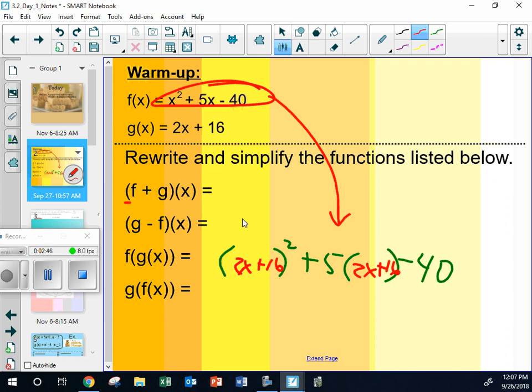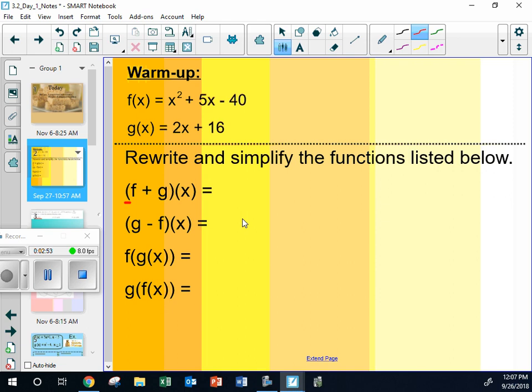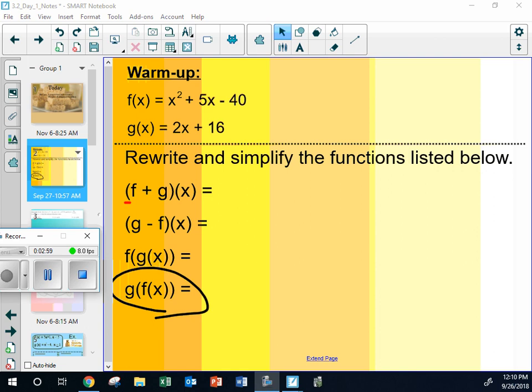All right. Would you please write what you think, then, g of f of x is? This last one. Give it your best shot. I'm going to pause for a second. Let me give that a try. Okay. So, g of f of x, gentlemen, I know I opened up a can of worms there, but I need you back with me. Control. All right.